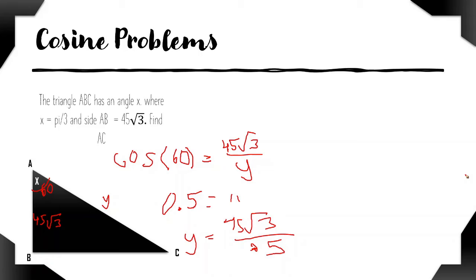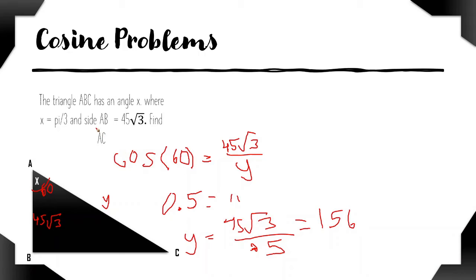And we can multiply that by 1 over 0.5, which is equal to 150.88. So 150.88 is equal to y. And we can simplify that to 156.